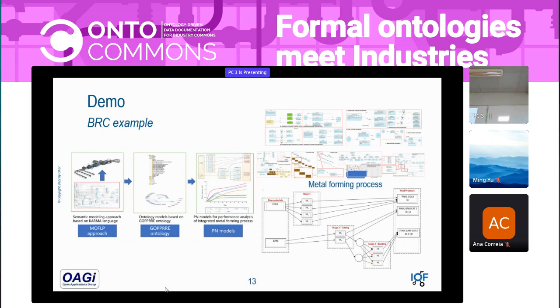We use MBSE, the architecture model, to define the whole development process of the metal forming process in BRC. Then they transform the architecture model to the OWL model we designed, and use the OWL model to generate the Petri net model to run the simulation to verify the performance of the whole metal forming process.